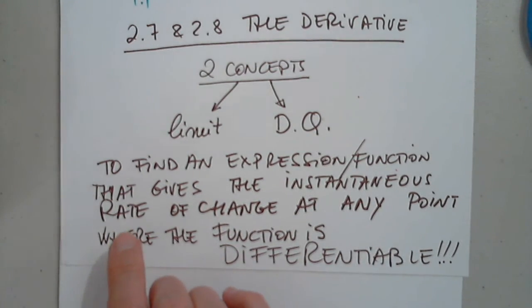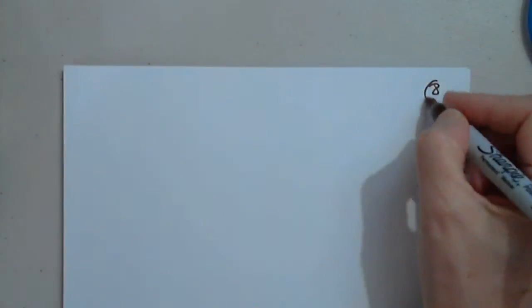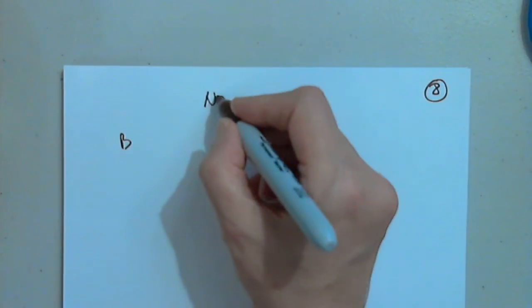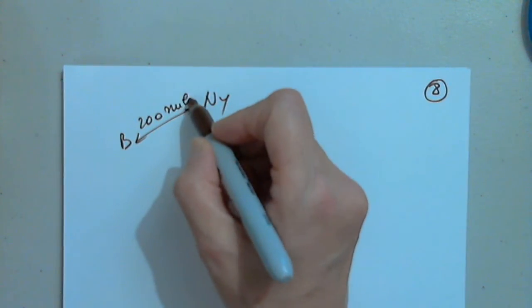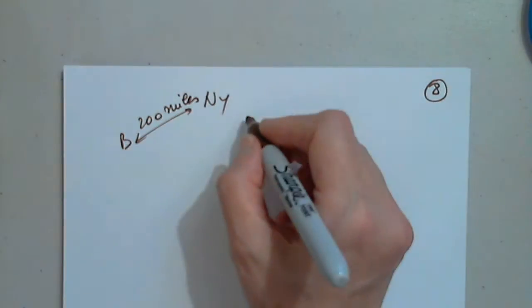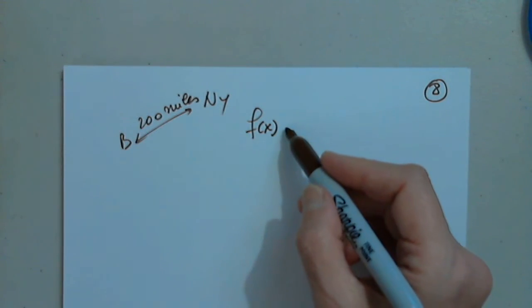So, in other words, I travel from Baltimore to New York. So here's Baltimore, here's New York. I travel roughly 200 miles. And I have a function that gives me the distance.